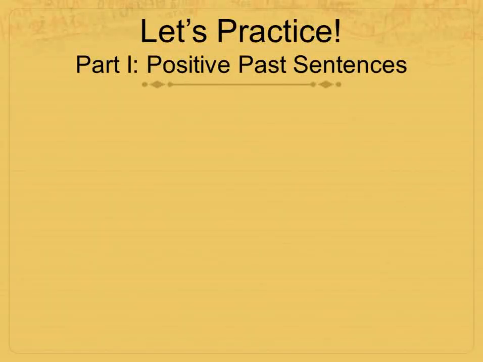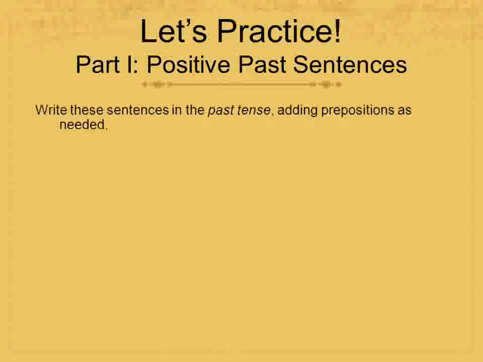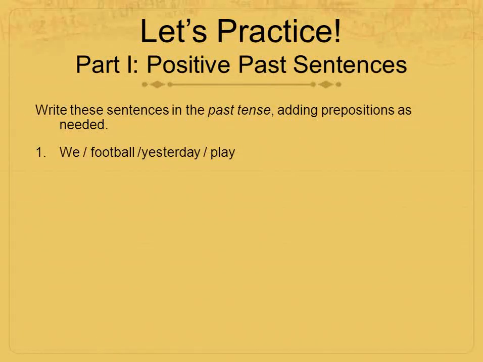Okay, time for you to practice. So we'll have three parts. The first part here is for positive sentences in the past tense. Okay, so write these sentences in the past tense, adding prepositions as needed. All right, number one, we football yesterday play.